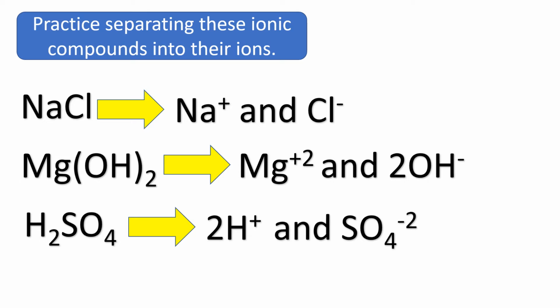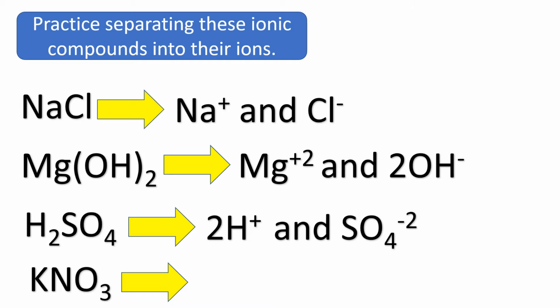However, you would be expected to know that the charge on the sulfate is minus 2. It's really important that you're familiar with that. There's a few that you need to know, sulfate being one of them. Just remember that SO4 is polyatomic and it stays together. That's why I've done it here, to remind you.